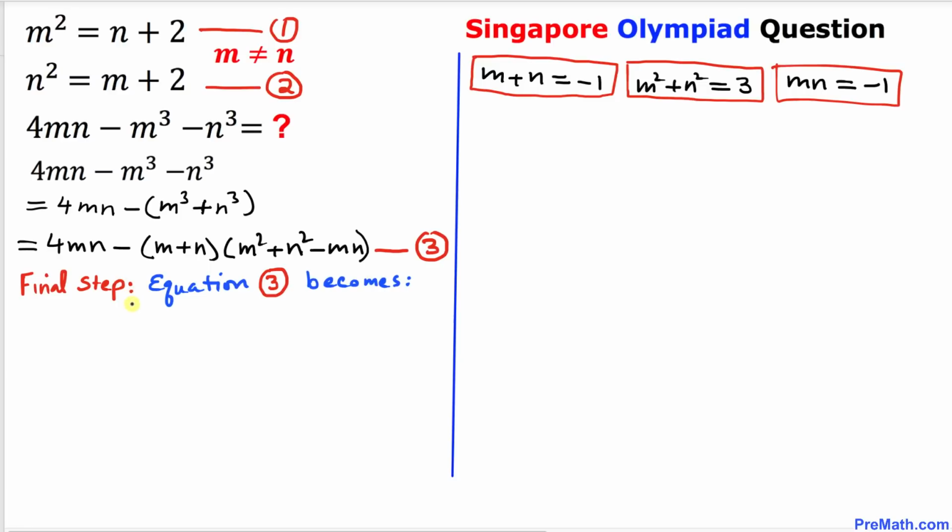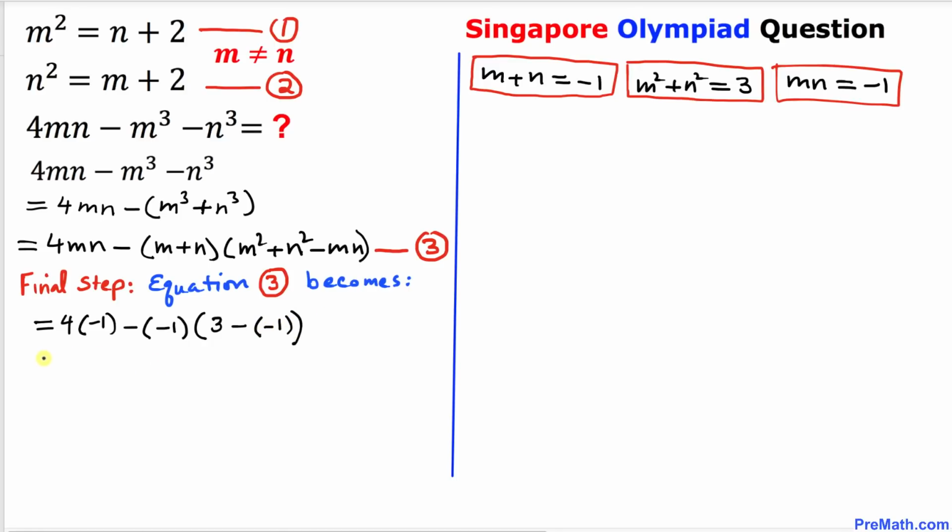So this equation 3 could be written as 4 times (−1) − (−1)(3 − (−1)).